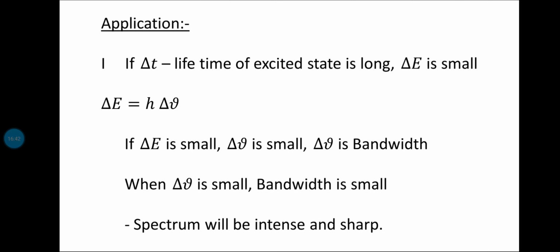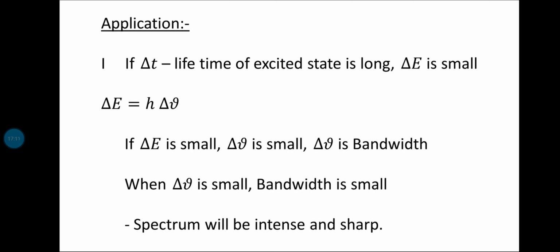Now, we are going to see one important application of this Heisenberg uncertainty principle. This principle is very much used in explaining the width of the spectral line, width of the spectrum. Now we are going to see two cases here.